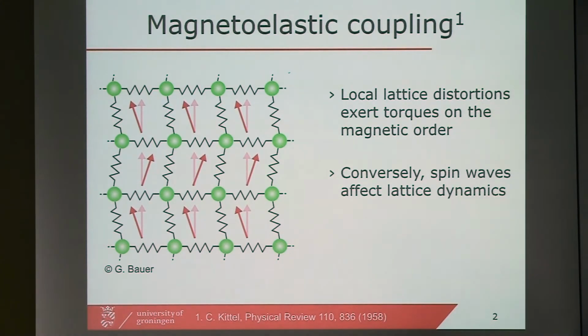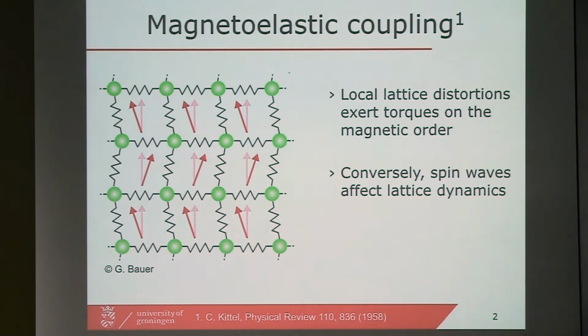If you turn on the magnetoelastic coupling, this lattice distortion also induces spin dynamics in the lattice. Instead of only moving the atom up and down, you also change its spin direction. And the opposite is, of course, also true. If you excite a spin wave in such a system, you will also affect the lattice dynamics.